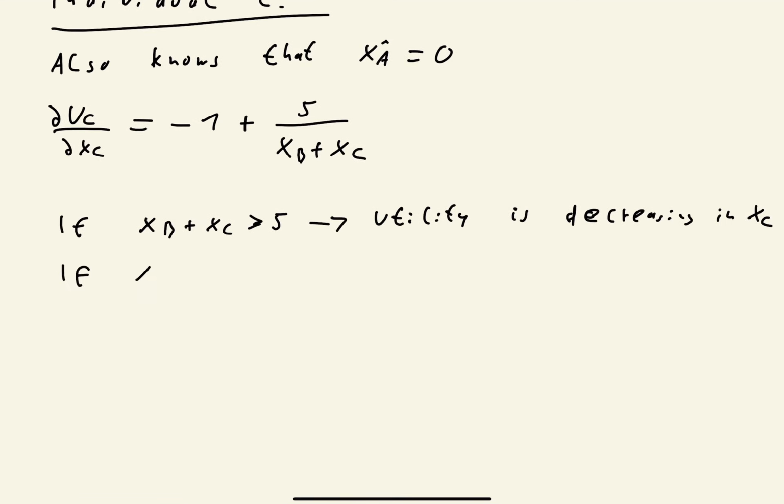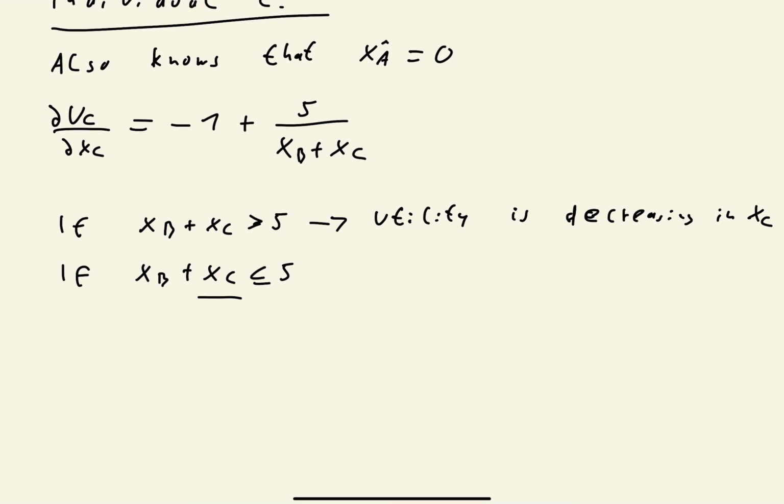If XB plus XC is weakly smaller than 5, his utility is increasing. The marginal utility is strictly positive, and therefore his utility is increasing as long as he's choosing XC in a way that the sum of the individual contributions is weakly smaller than 5. So in this interval, his utility is strictly increasing in his contribution.